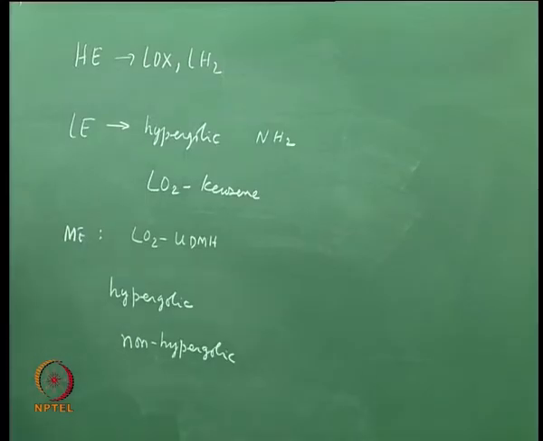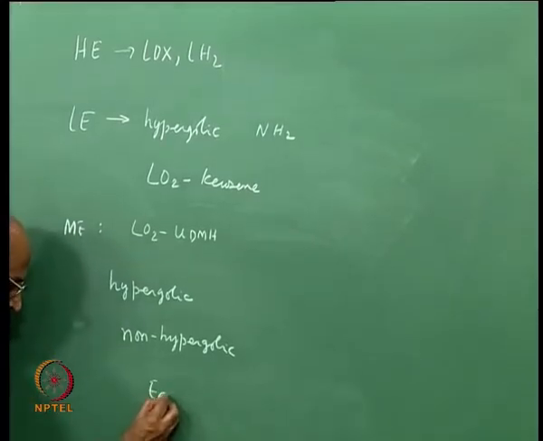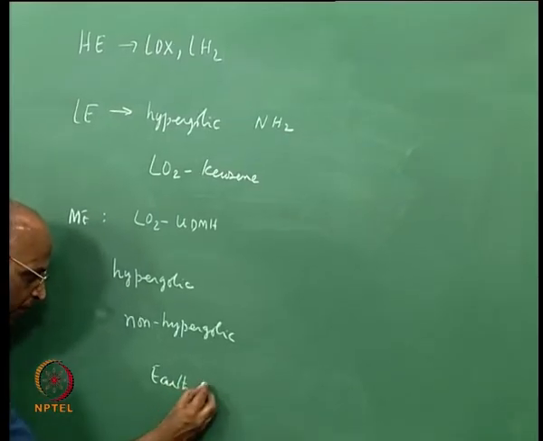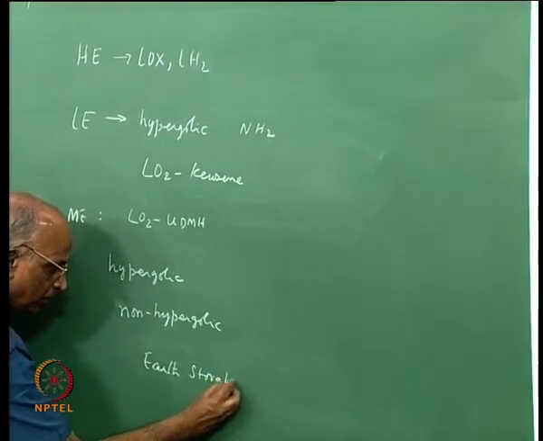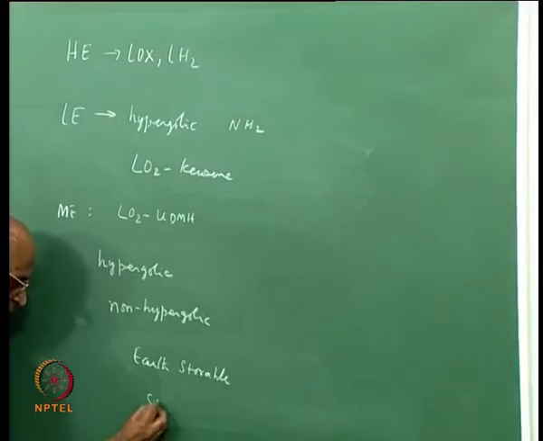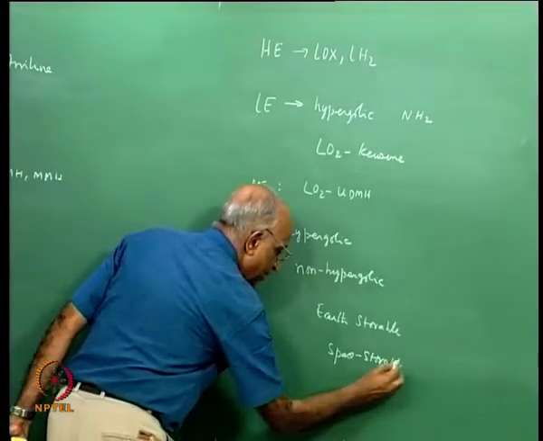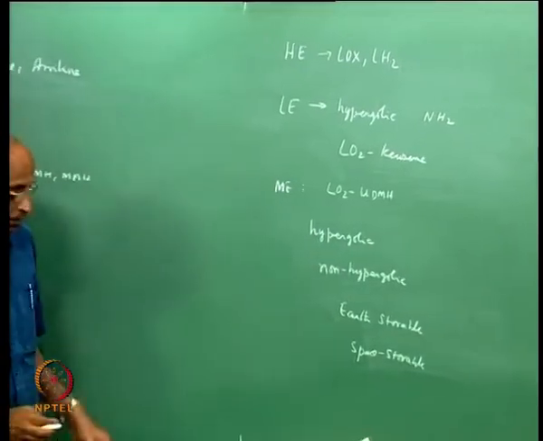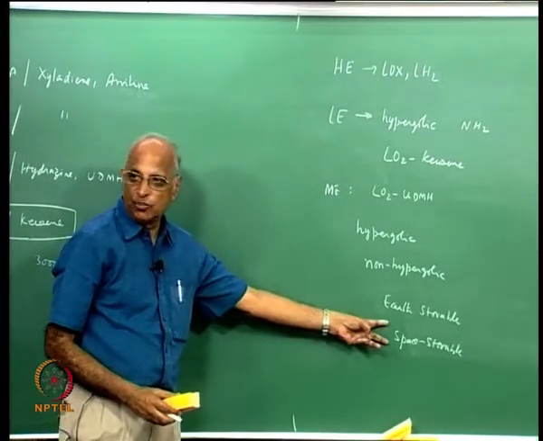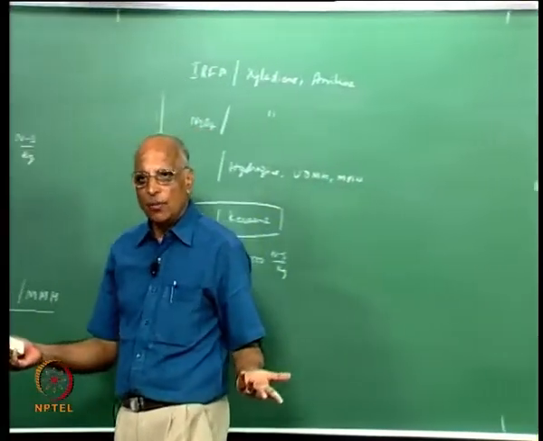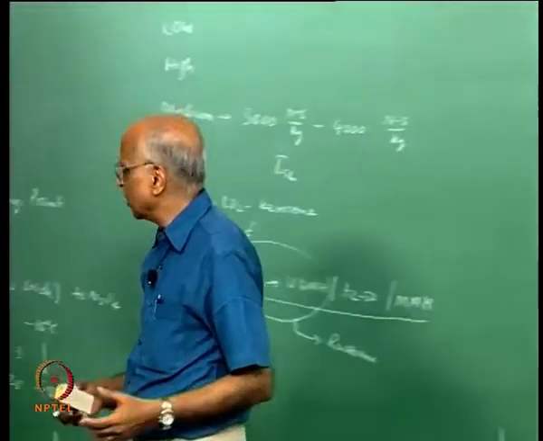The last classification we also saw was earth storable liquid propellants, and we say space storable. The semi cryogenic and cryogenic are neither earth storable nor space storable. I think this is all about the different liquid propellants what we consider.